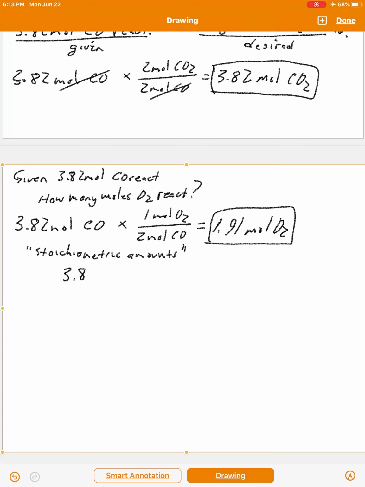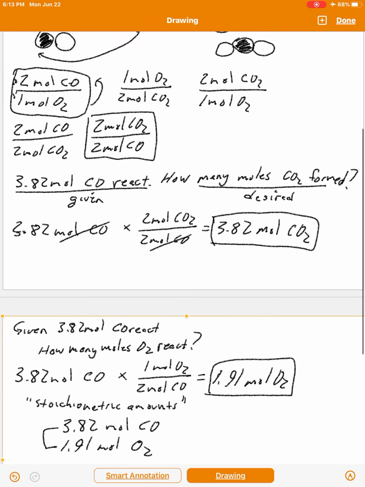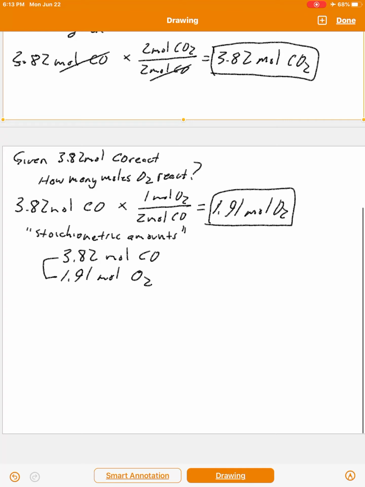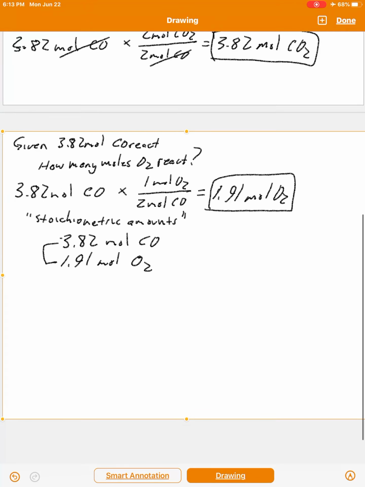So when you have reactants and the amount that react are exactly the same ratio as the ratios you have here, like this is a 1 over here, this is a 2, so it's 1/2. This is half of that. That's called a stoichiometric ratio. They're matched up perfectly.